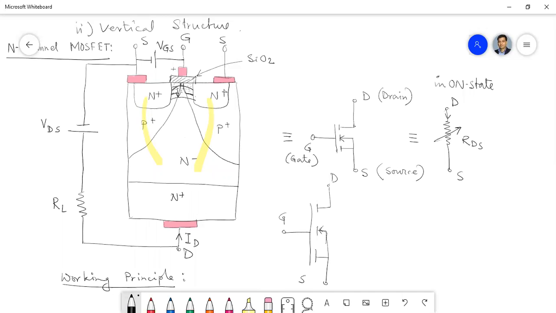So if I draw it like this, it will be the emitter, and what will be the base terminal of this transistor? That is the P substrate, isn't it? Can you visualize this?